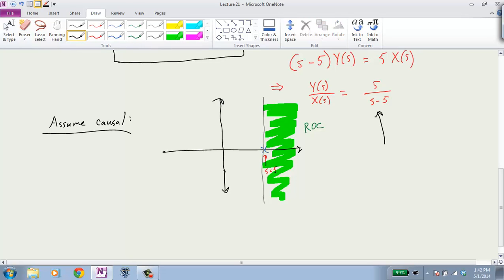And we know from our table of a very short list of Laplace transforms that we're going to use that the inverse of this is just 5 e to the 5t u of t.